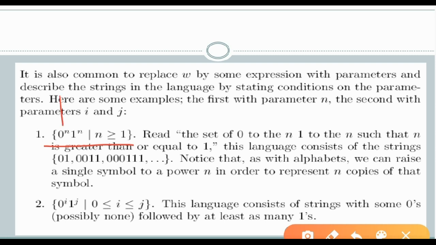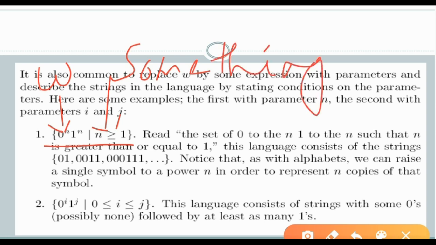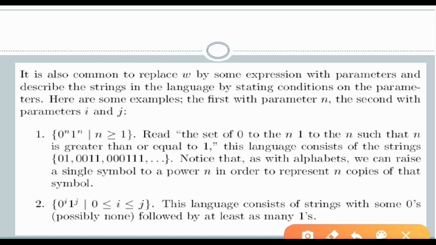So you can see this is W, and this is something about W. When coming to the read statement, you have to read it as the set of 0 to the n, 1 to the n such that n is greater than or equal to 1.